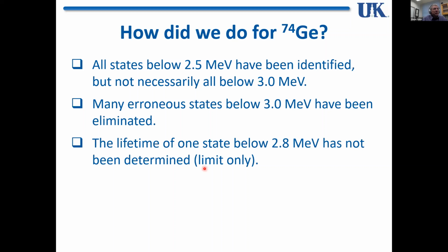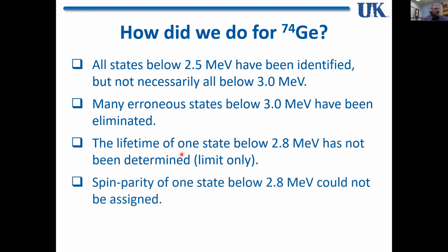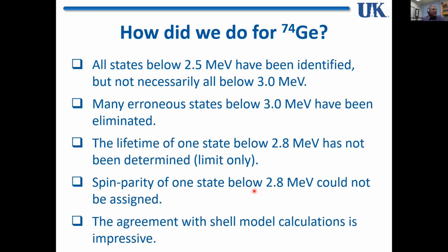The only thing we could determine in that case was a limit. And the spin parity of one state below 2.8 MeV we could not assign, but the agreement with the shell model calculations is in place. So I think this is a good approach. Of course, we want to do other measurements on the germanium nuclei and basically solidify the approach in terms of the theories that would explain this.